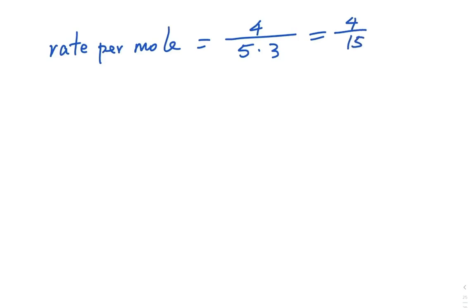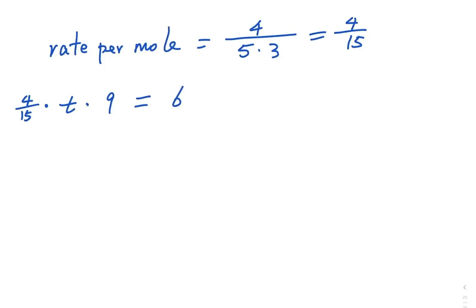How many minutes will it take for 9 moles to dig 6 holes? Let's say T minutes. The rate is 4/15, and the number of moles is 9, and we need to dig 6 holes.